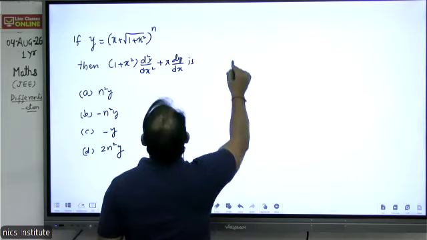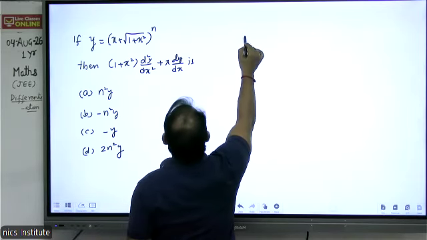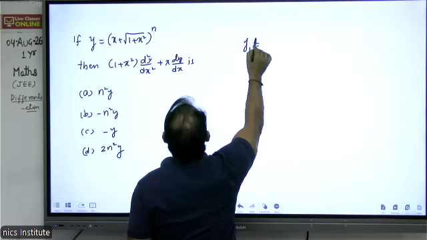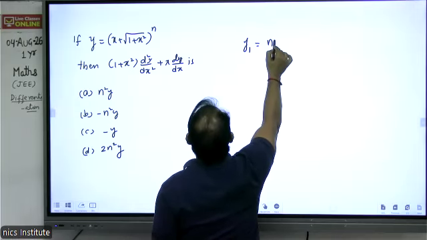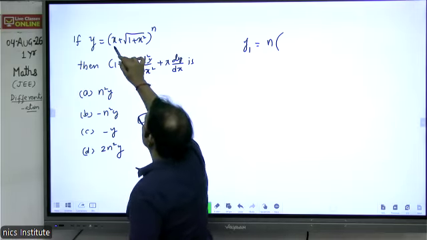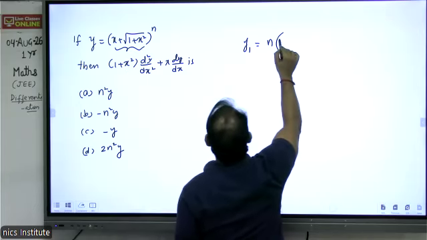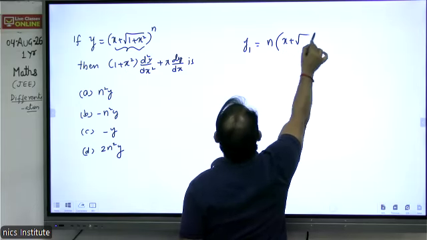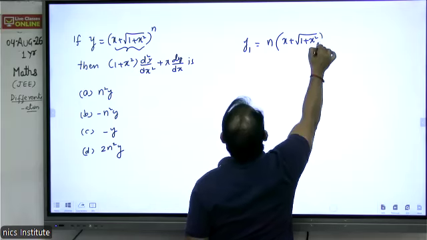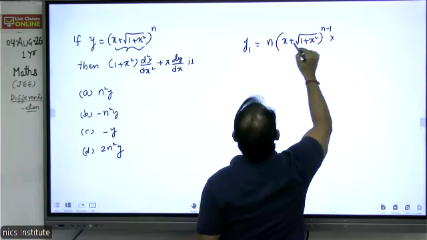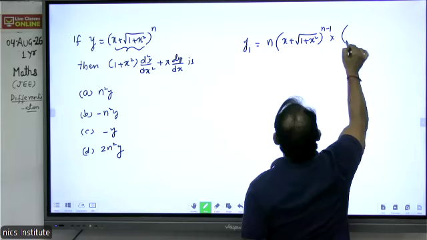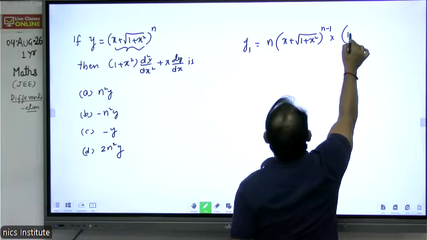Let's see. See, if you differentiate once, it'll be y1. And here you need to apply chain rule. Assume this to be x. X to the power n is n times x plus under root 1 plus x square to the power n minus 1, and then the derivative of this. The derivative of x will be 1.